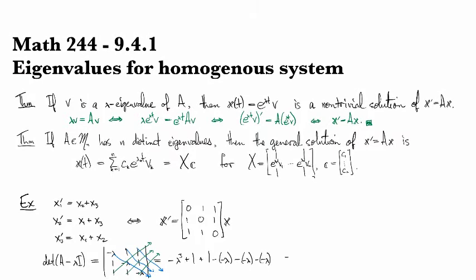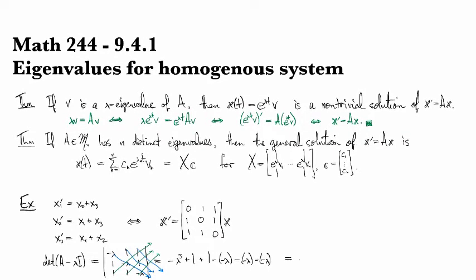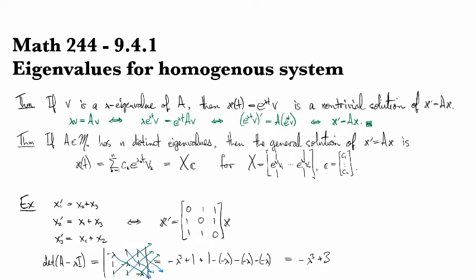And so this is minus lambda cubed plus 3 lambda plus 2, which factors as lambda minus 2 and lambda plus 1 squared.